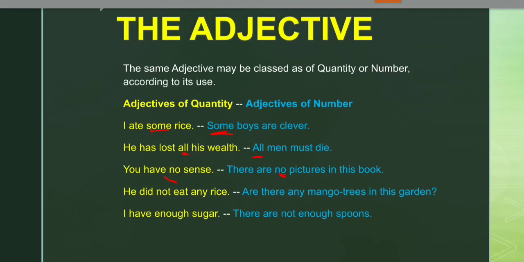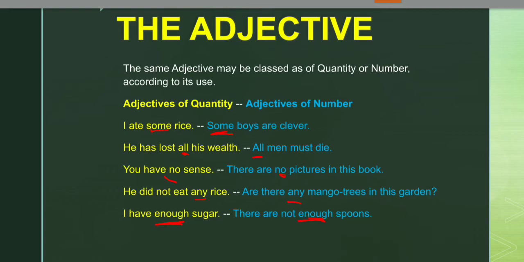He did not eat any rice, and are there any mango trees in this garden? So now here any is used as number. I have enough sugar. Now here enough is used as the adjective of quantity, and there are not enough spoons. So in the last sentence, enough is used as an adjective of number.